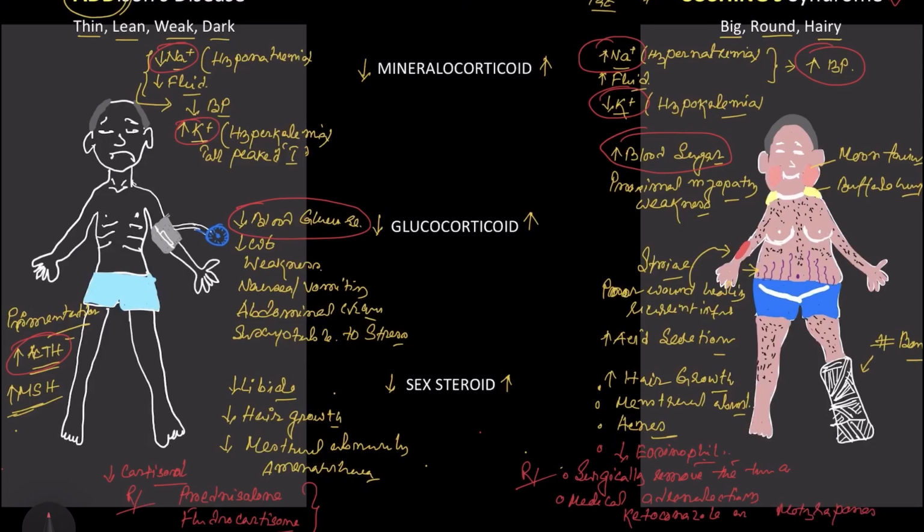These agents decrease or inhibit adrenal steroid hormone synthesis. So after medical adrenalectomy or after surgically removing the tumor, we have to supply the hormones from outside. So the surgical or medical adrenalectomy should be followed by hormone replacement.